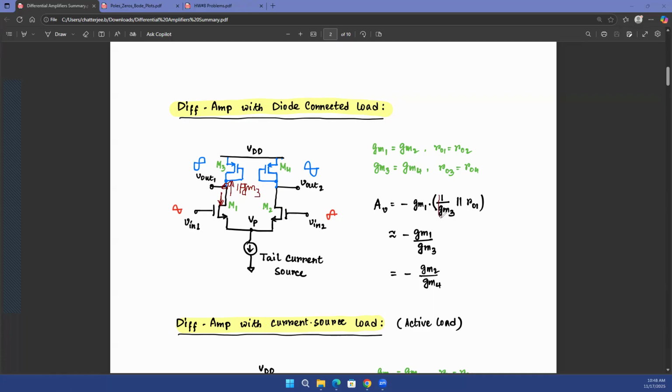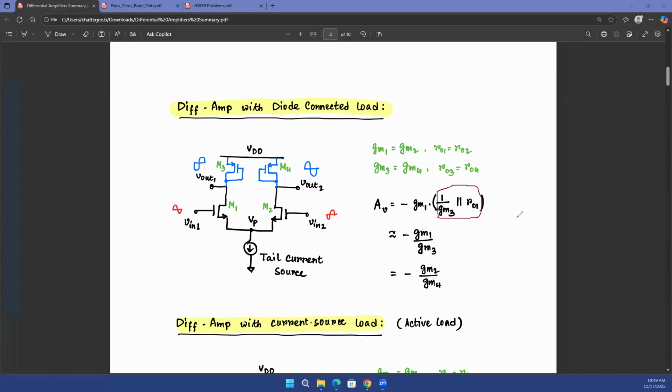If you look at the resistance looking down at the same output terminal, you'll see ro1, the ro of transistor M1. So 1/gm3 in parallel with ro1 is the overall resistance that you'll see at the output terminal.